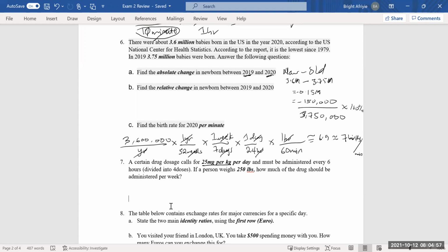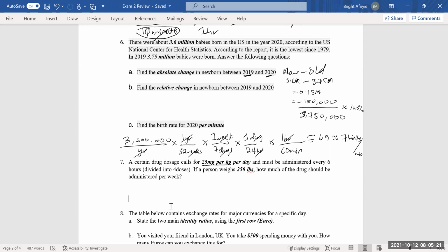Is that okay? That means that if a person weighs 2 kilograms, you have to give 50 milligrams of the medication to the person per day. If the person weighs 3 kilograms, you're going to give 75 milligrams of the medication to the person per day. Is that okay?